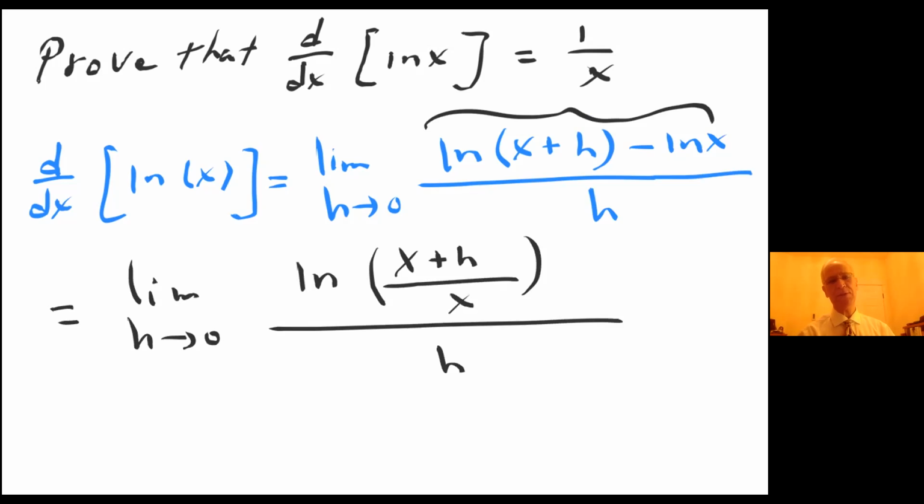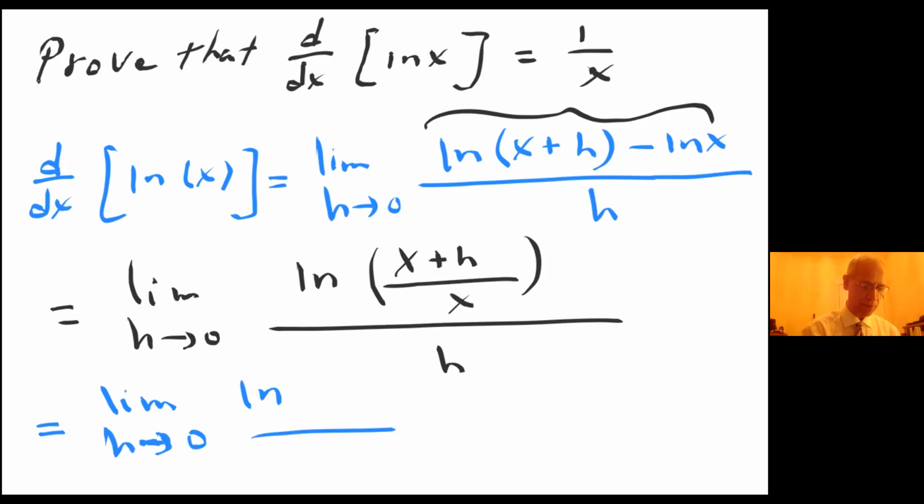And now I'm going to simplify it one more step and say this equals the limit as h is tending to 0. I'm going to rewrite the numerator as natural log of x over x, which is just 1, and then h over x.